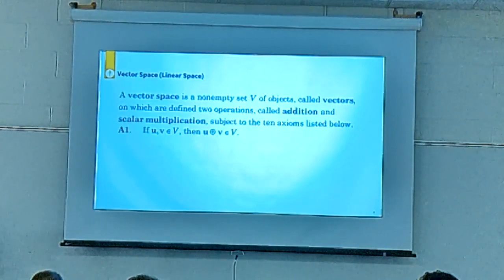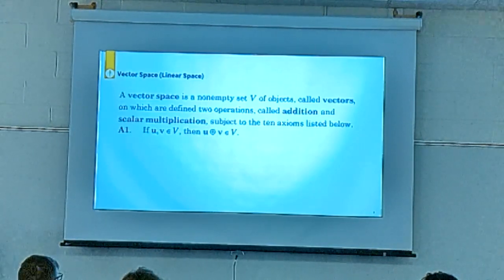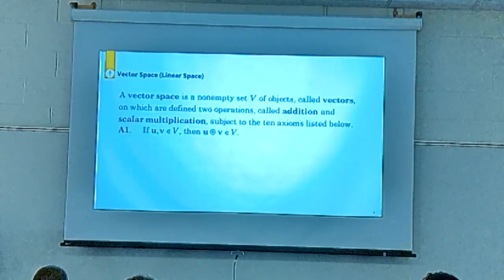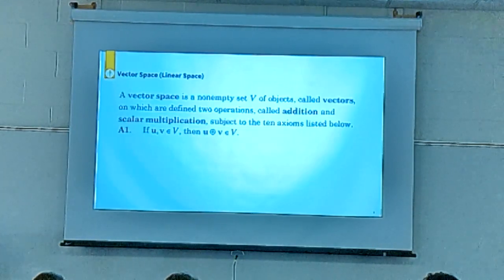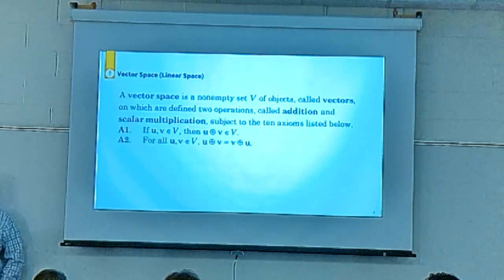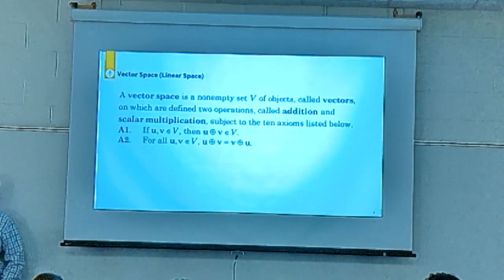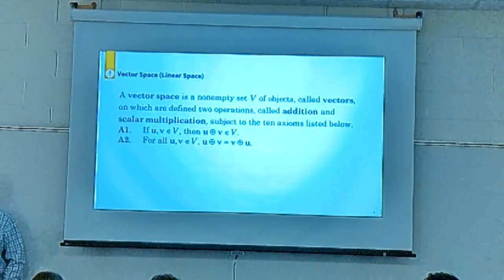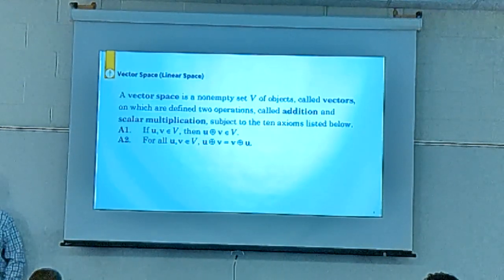And there's a reason why I'm using the circle plus instead of just regular plus. For all u and v in your vector space, u ⊕ v is equal to v ⊕ u.